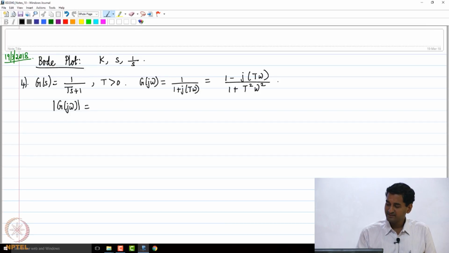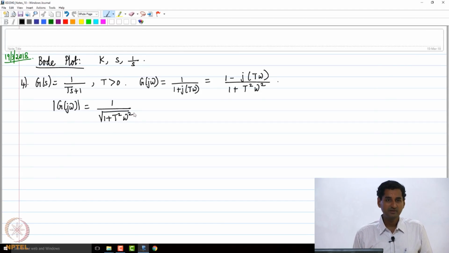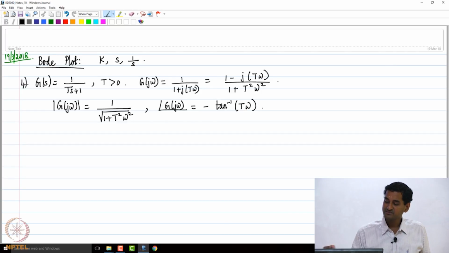It's going to be the ratio of the individual magnitudes, so I can rewrite this as 1 divided by square root of 1 plus T squared omega squared. That's pretty straightforward. And the phase of G of j omega is going to be minus tan inverse of T omega. So that's the magnitude and phase of this particular factor.